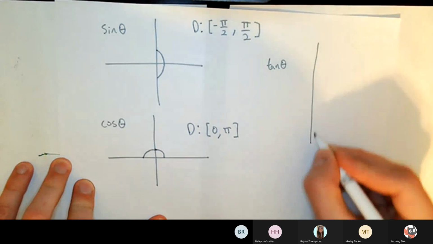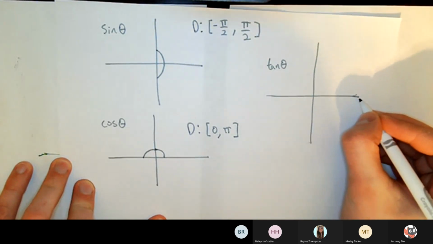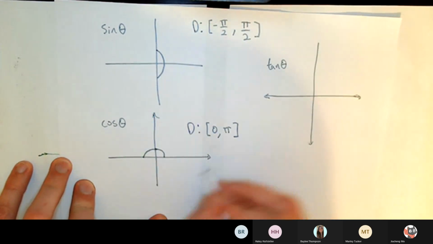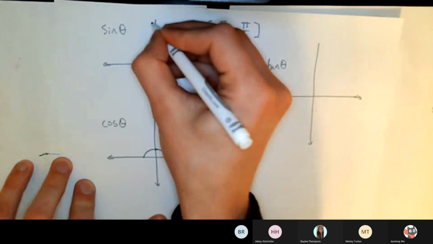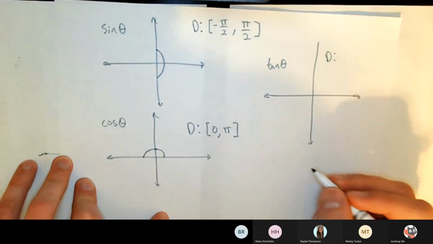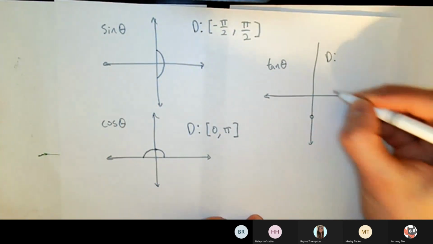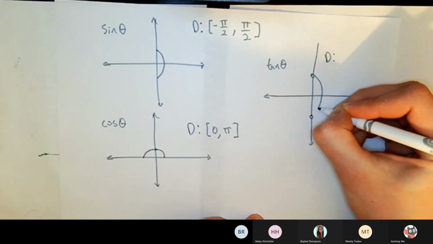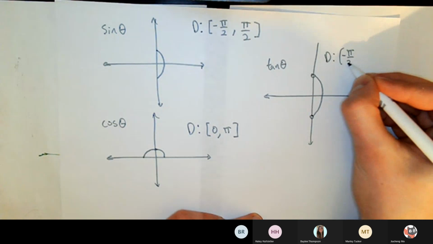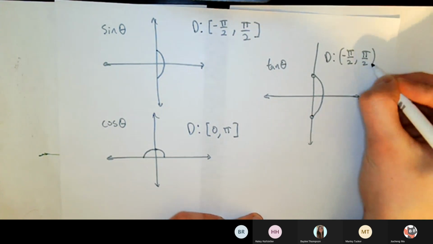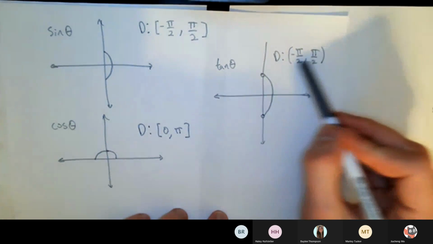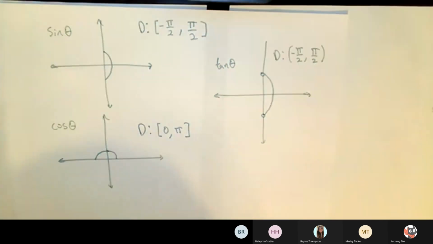Now remember, tangent had those issues at pi on 2 and negative pi on 2, all those odd multiples of pi on 2. Okay, fine, I'll draw all these little arrows. They're not critical right now. Its domain is going to be similar to sine's, except we don't want to actually include those angles there. What I mean by that is we're just going to have parentheses on our domain instead of brackets. So everything in between these angles, but not including the endpoints.